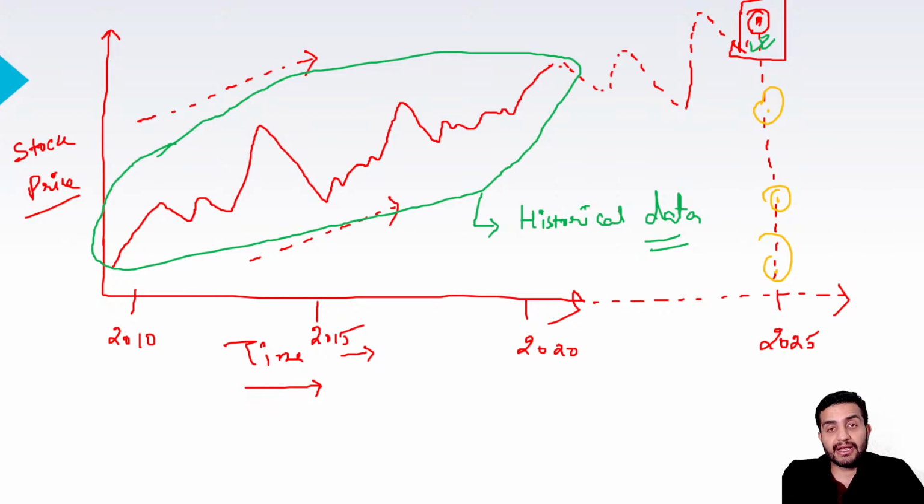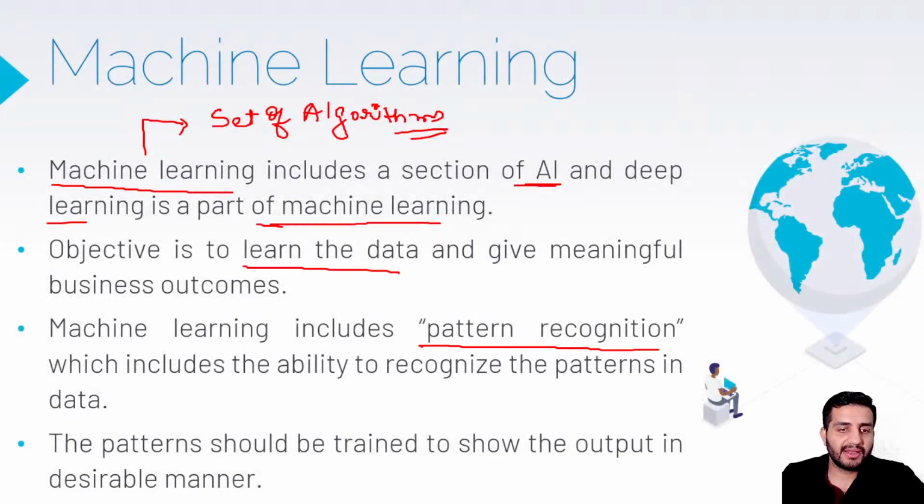So we have to think about this aspect from a different perspective. Based on certain information in the past, that is where the historical data comes into the picture, we're trying to say what could be the potential future going ahead. That is the objective of machine learning, and that is what we are trying to say in this part, the pattern recognition.